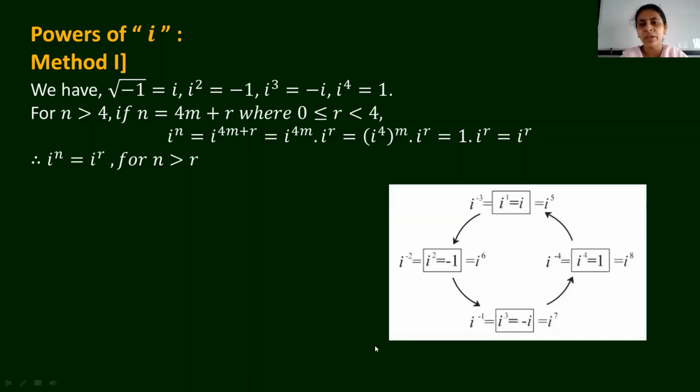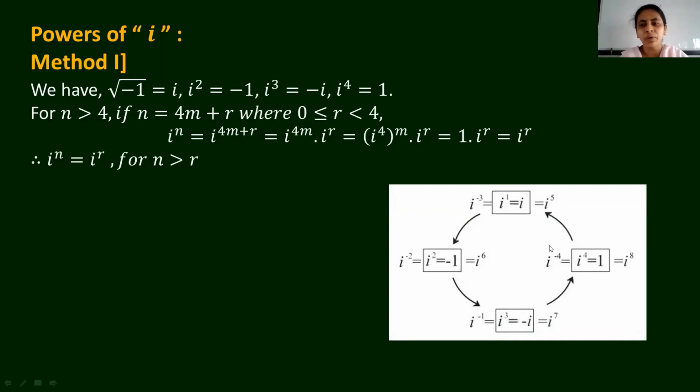See this diagram. If you observe this diagram, you find that i is equal to i raised to 1, and i raised to 2 is equal to -1. If you go in the anti-clockwise direction, i square is equal to -1, i cube is equal to -i, and i raised to 4 is equal to 1.